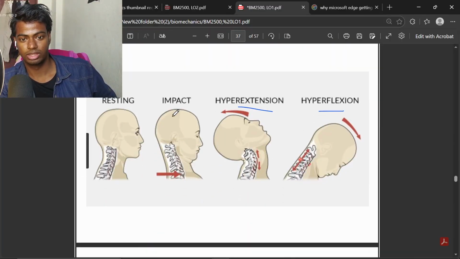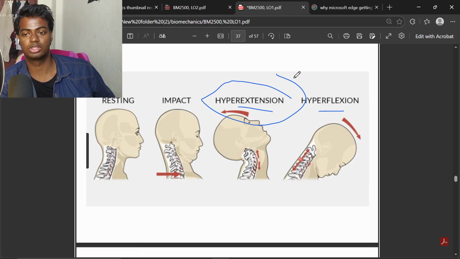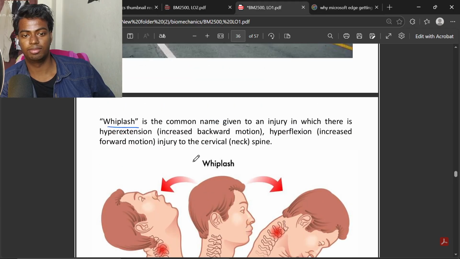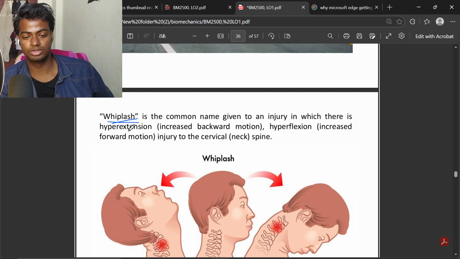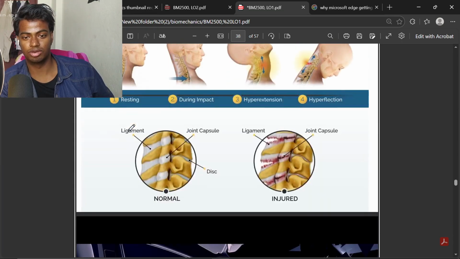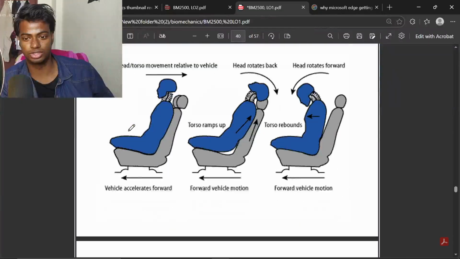This is a kind of neck movement we have discussed: hyperextension, hyperflexion. They have given a disease that occurs if we do not have good posture on our neck. It is caused by bad posture, so always keep maintaining a good posture.